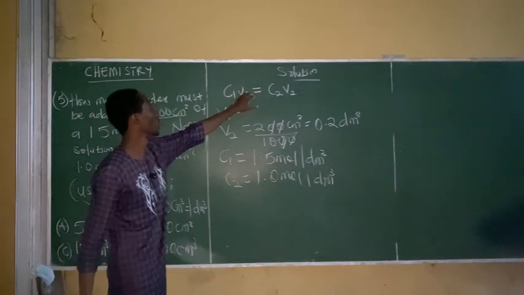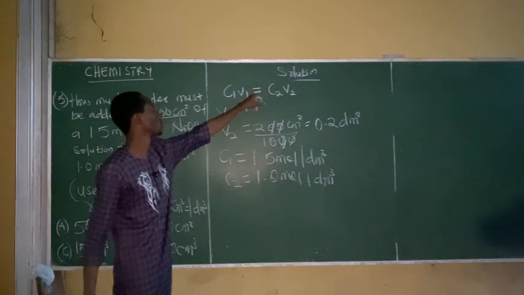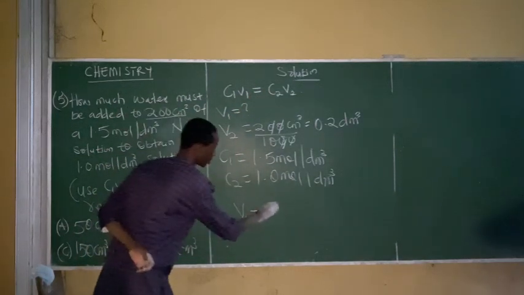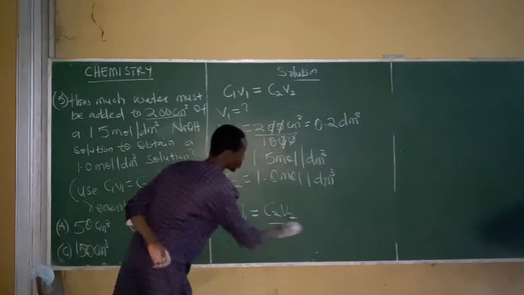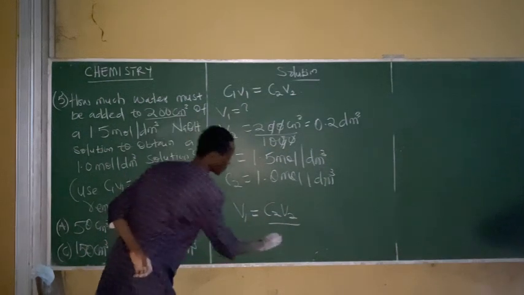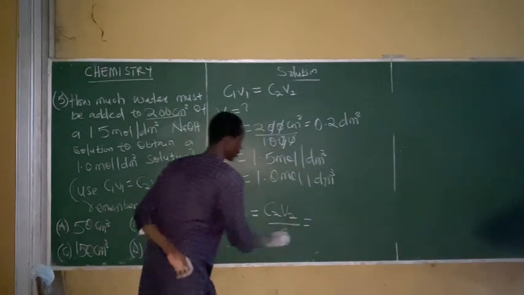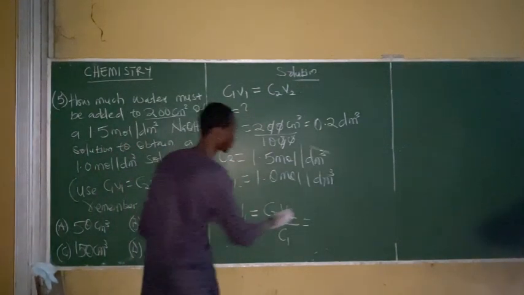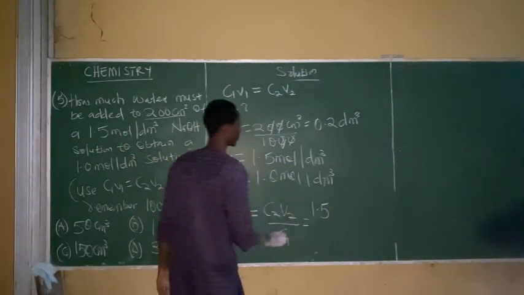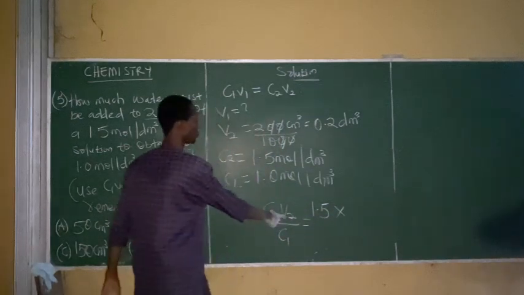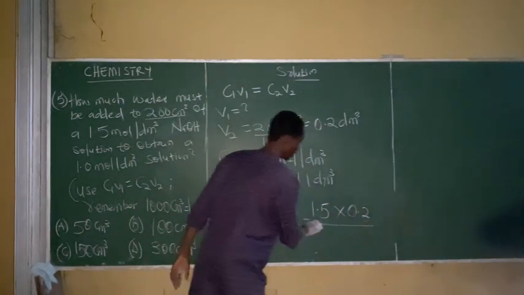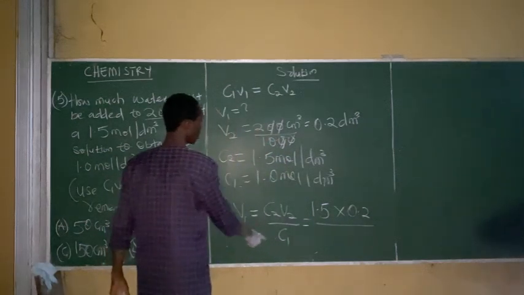From this equation now, if we make V1 subject of the formula, we have that V1 is equal to C2V2 all over C1, which is equal to, our C2 from the question is 1.5. So we have 1.5 times our V2. V2 is 0.2, divided by our C1.